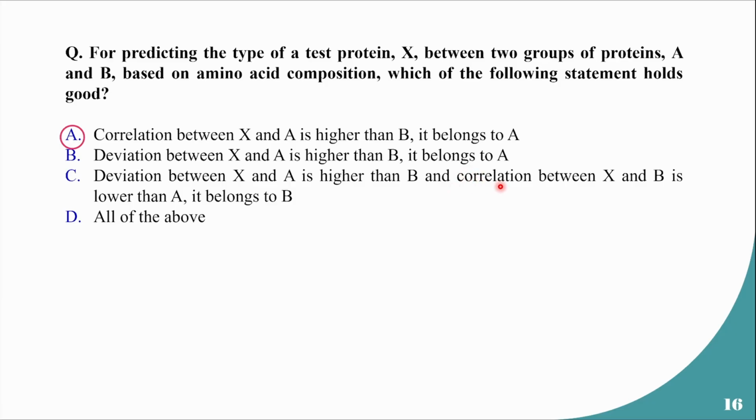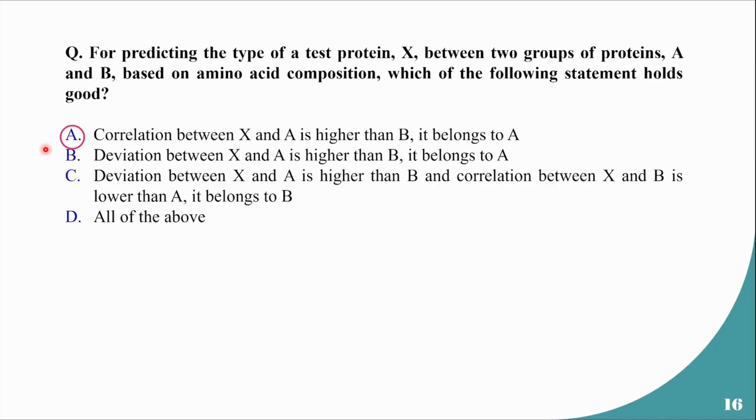It is also saying that the correlation between X and B is lower than A. The first statement would have been correct, but if the correlation between X and B is lower, then we cannot say that it belongs to group B, because the higher correlation was essentially with group A, right? So in that sense, it should belong to group A. We have conflicting statements from the first part and the second part here, so you cannot consider option C, and of course you cannot consider all of the above in this case. So the option would have been option A, right?